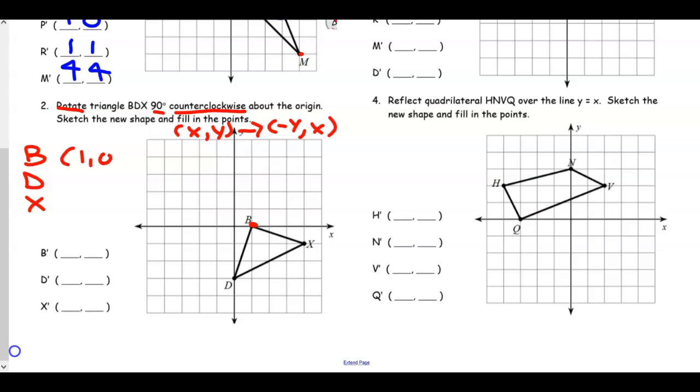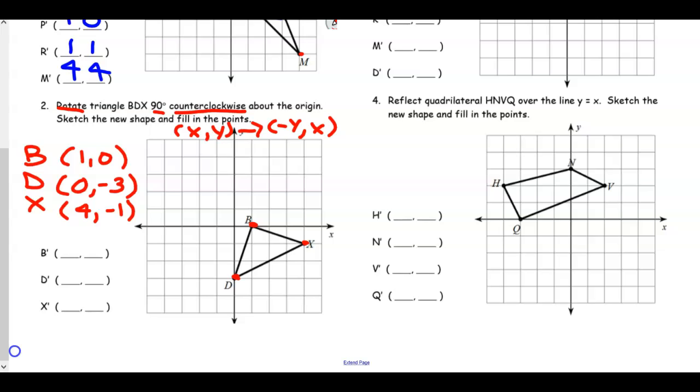Okay, 1, 0. Letter D, is it 0, 3? 0, negative 3. So down, right? And then X is what? It goes to the right. So 4, and then down is negative 1. 4, negative 1.